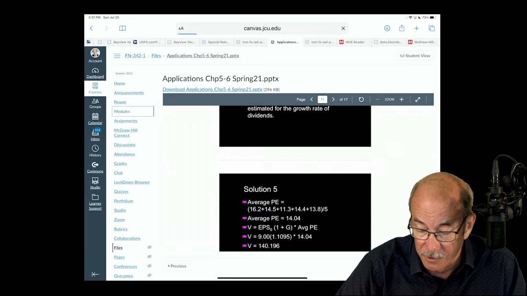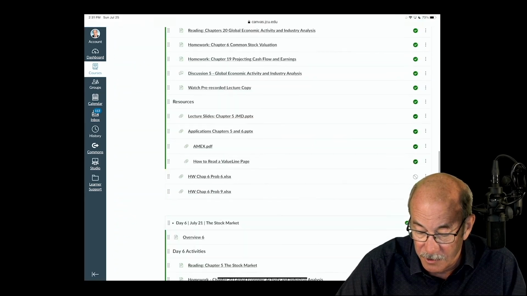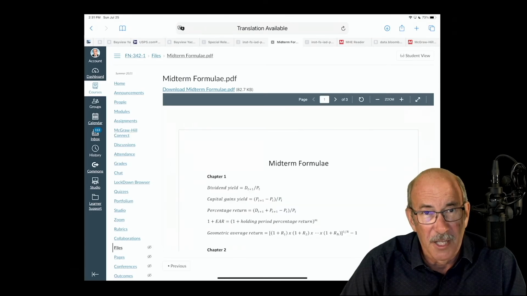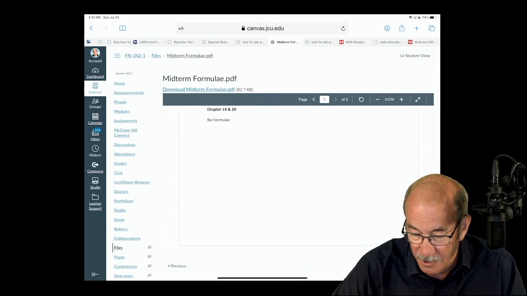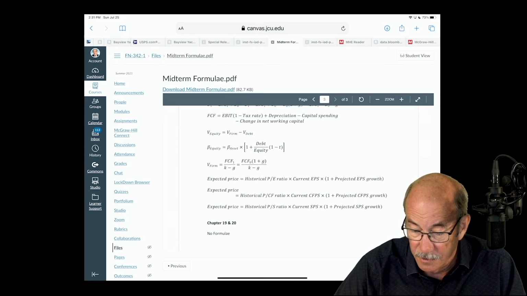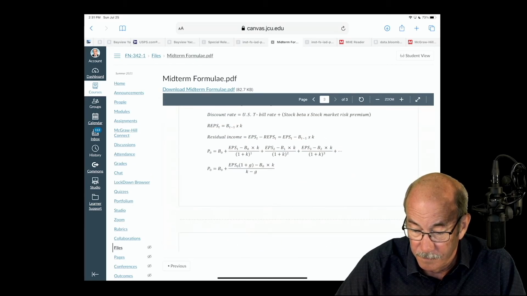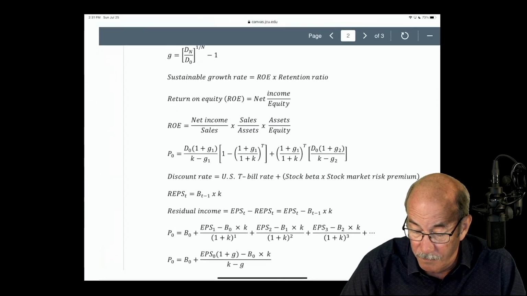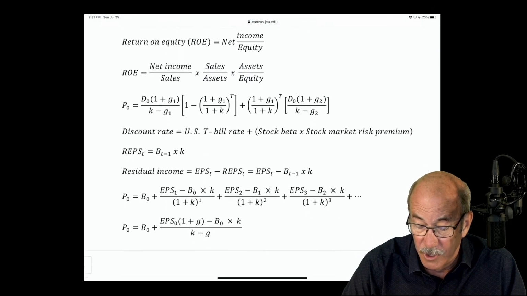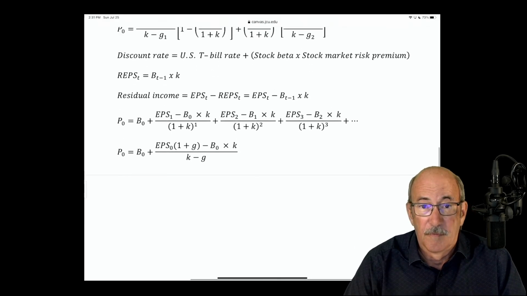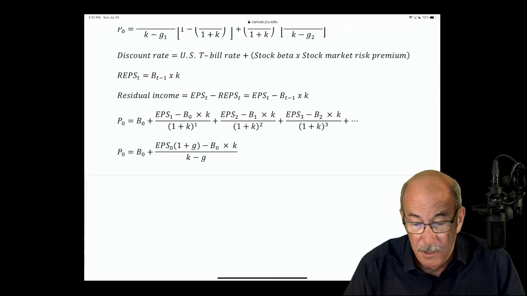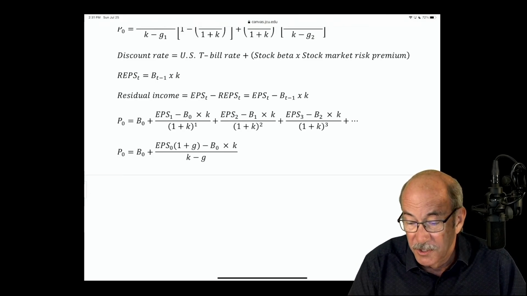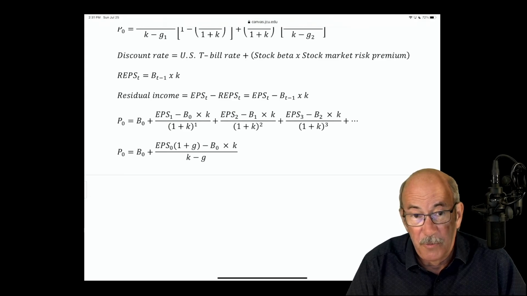I want to make sure the formula sheet I uploaded is the proper one for you. Because it should be at the end of this list of items. Huh, weird. Oh, here we go. It's right here. So there's your discount rate is equal to the risk-free rate plus the beta times the market risk premium.